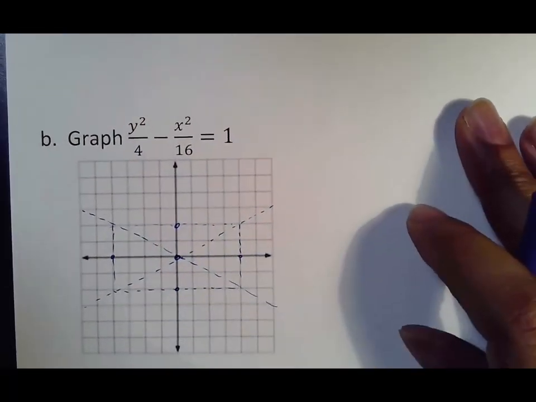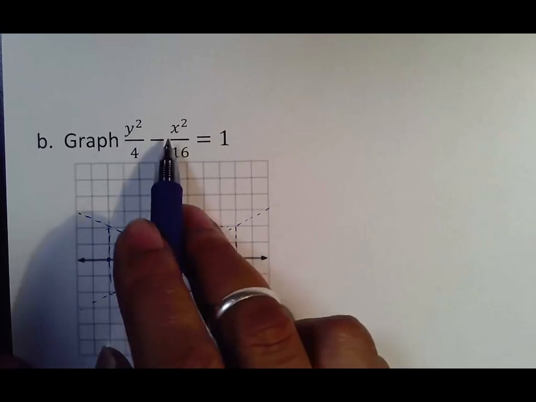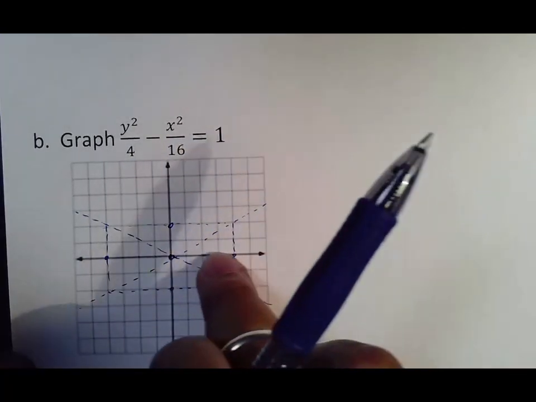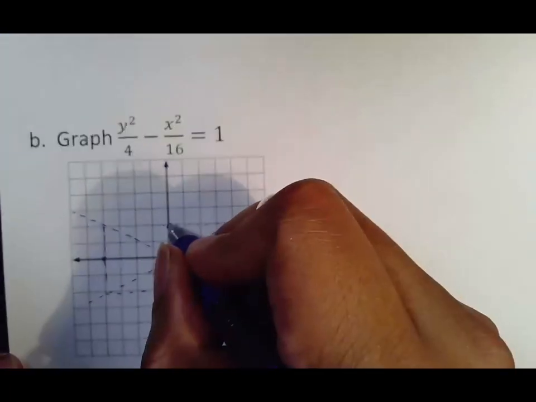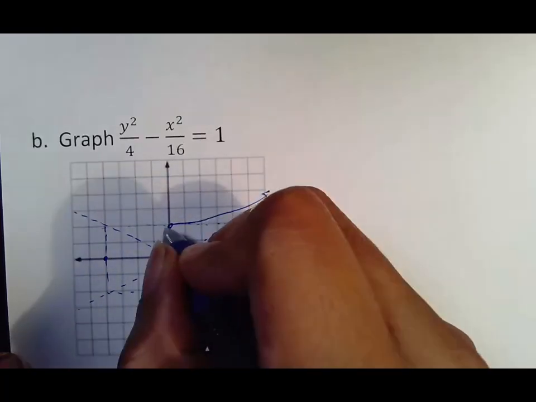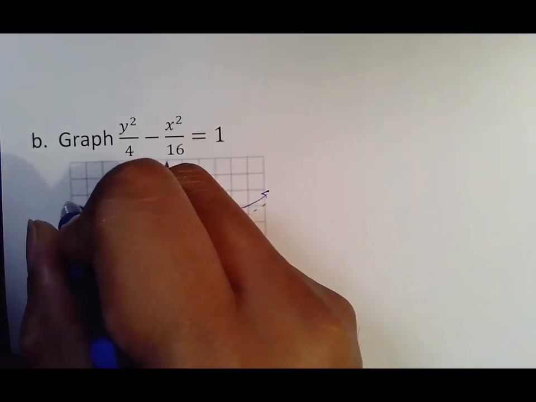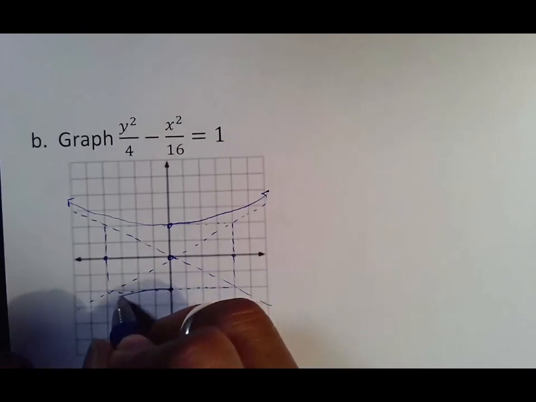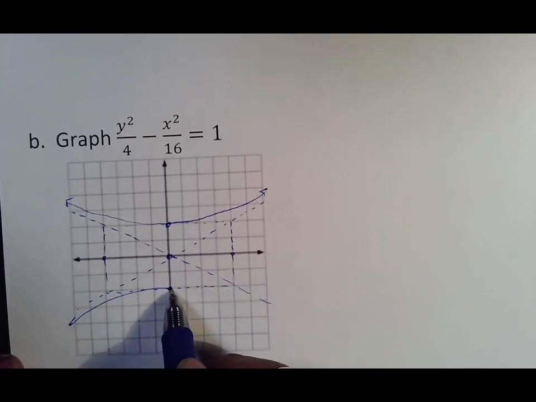And this time, once you get your asymptotes, you ask yourself again, which one's negative? It's the x, which means it cuts along the x-axis, which means that it would go this way. And that is all that it takes to graph these.